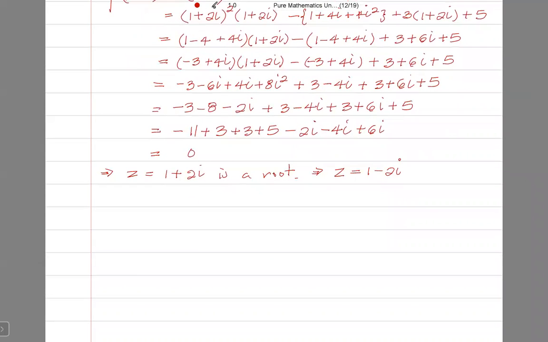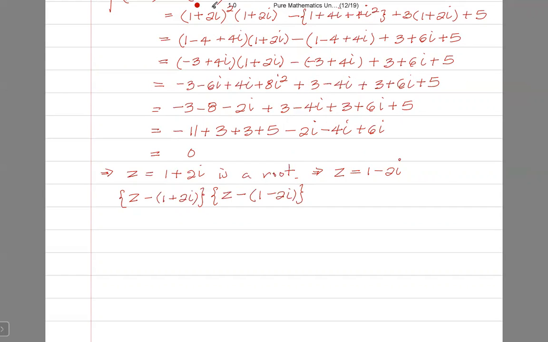Now, if those are roots, it means that z minus (1 plus 2i) and z minus (1 minus 2i) are factors. So these are factors, I can multiply them.